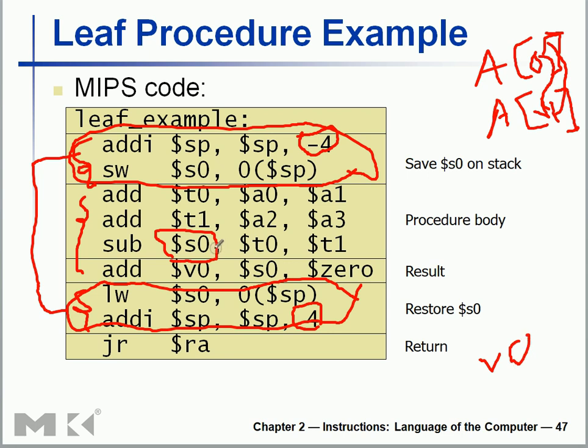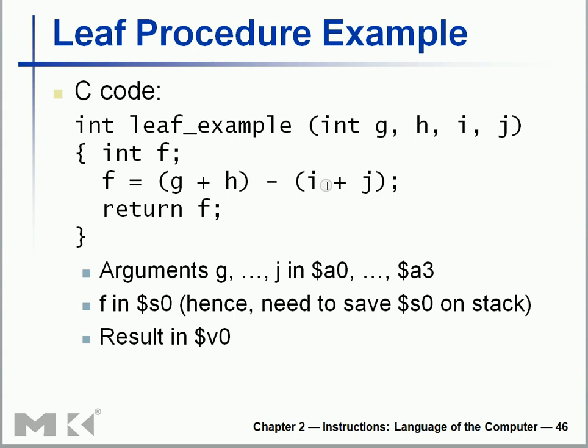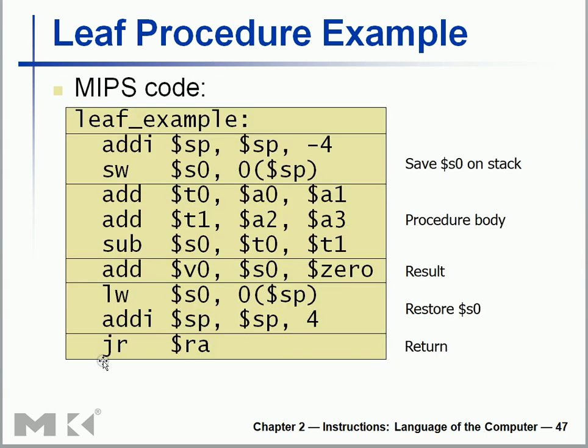We can keep it here, but now we know that we will store results on V registers. So that's exactly what we did. And in the end, since there is a return, I will show you again, G plus H and I plus J, and I think you understand that part. This part, return F, you do that with JR RA, this last part. That's all.